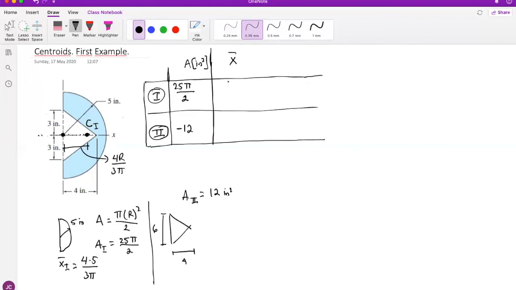This is actually 20 divided by 3 pi. Is that it? Well, that's it for the semicircle. Let's go ahead and do it for the triangle. If you remember, for the triangle you will need to move in the x part. Somewhere here.